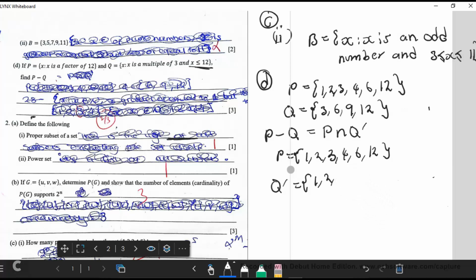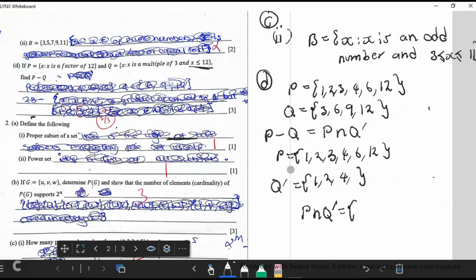We have 1, 2, then 4. So it will have 1, 2, then 4. Now, what's P intersection Q complement?